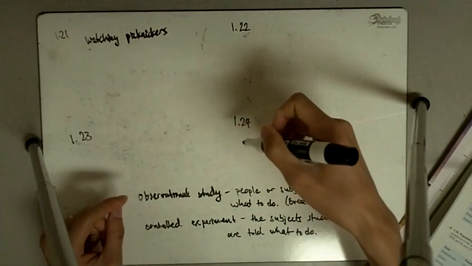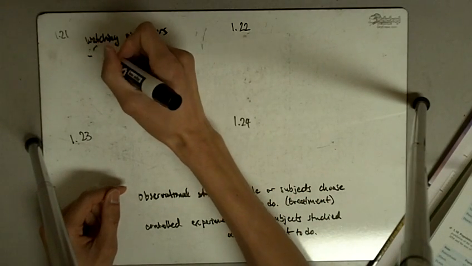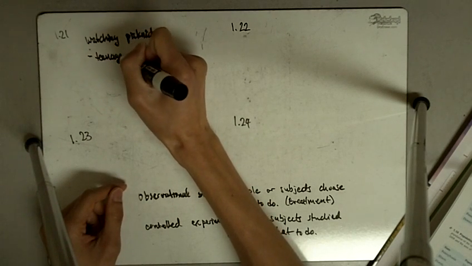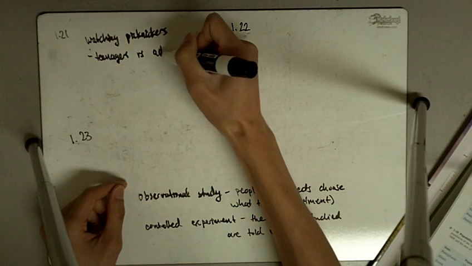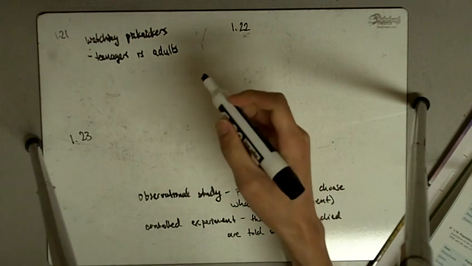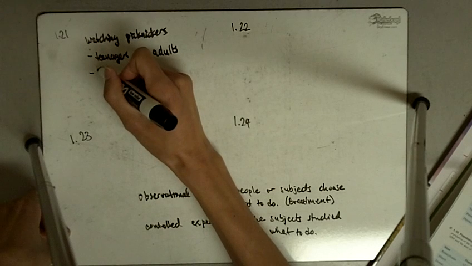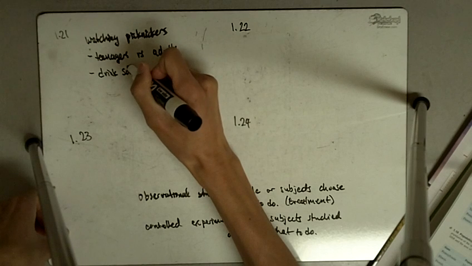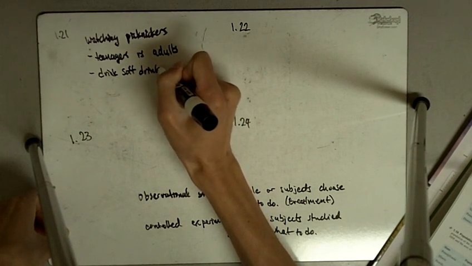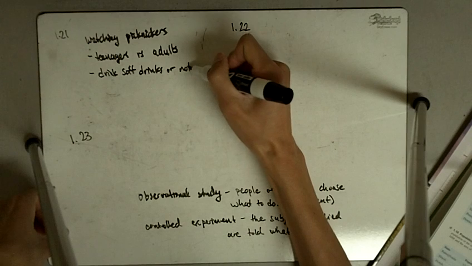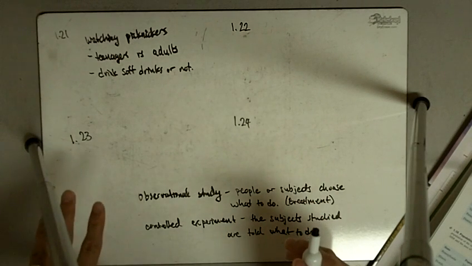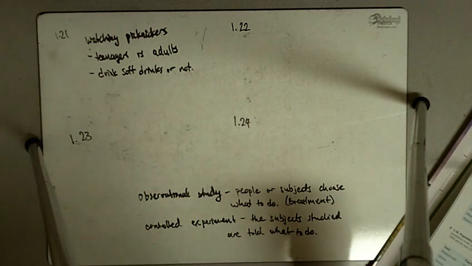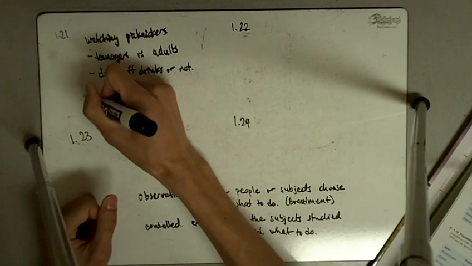What we want to know is the behavior of teenagers versus adults, those are the 2 categories we're interested in, and whether they drink soft drinks or not. In this case, we cannot actually tell someone, you have to be a teenager, or you will have to be an adult, or you're going to start drinking soft drinks, or you're not. So this is an observational study.